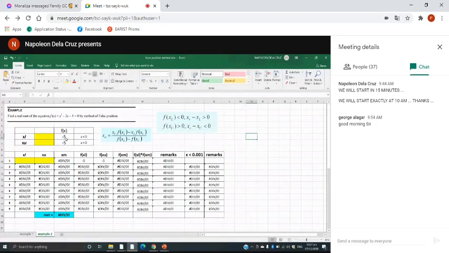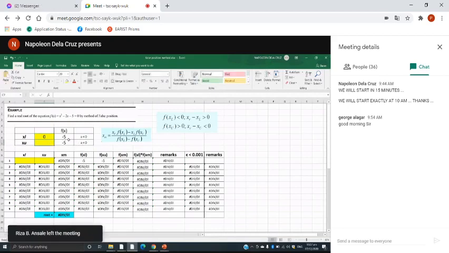This is the equation. What is inside it? x cubed minus 2x minus 5. Let us assume 0 first. Anyway, these are just guesses. With 0, that is negative 5.